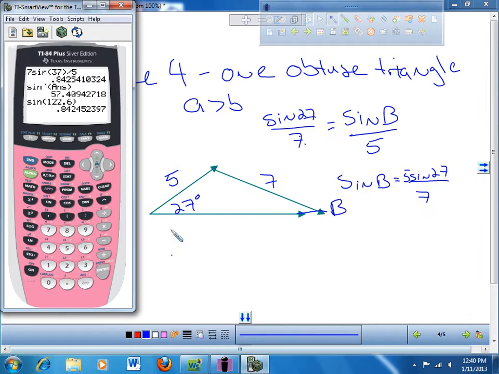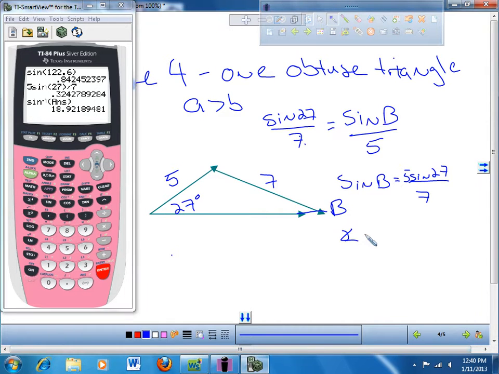And so let's just do that real quick. 5 sine 27 divided by 7, and you're going to get some decimal answer, and then you take the second sine of that to find B. Second answer, and I get that this little angle here, angle B, is about 18.92 degrees.